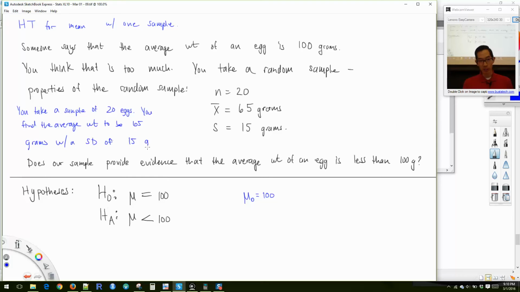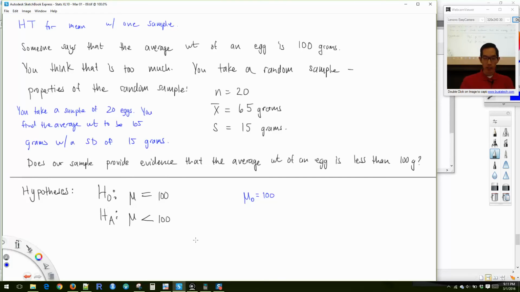Then you would just have to pick out n is 20, x bar is 65, and s is 15. I'm hoping we're comfortable with doing something like that. So we have our hypotheses here.